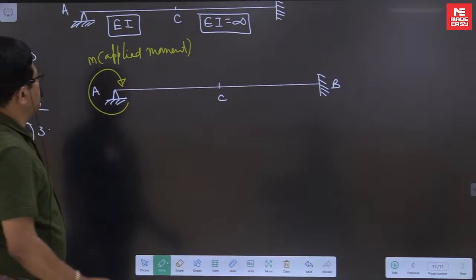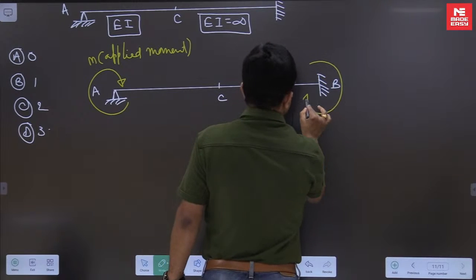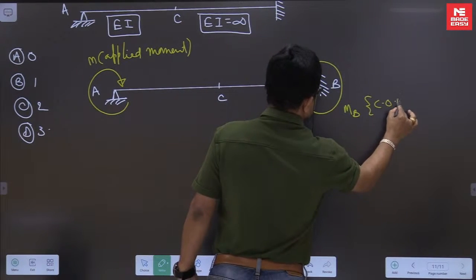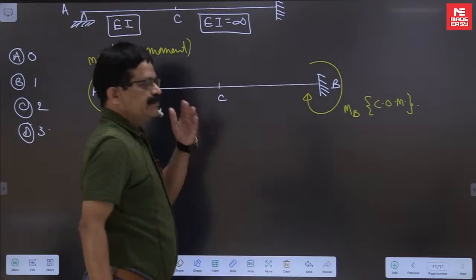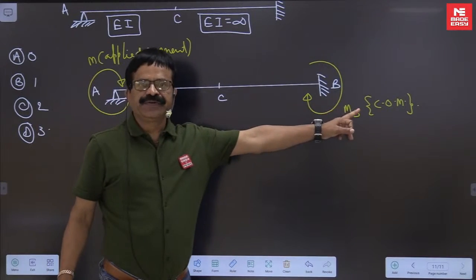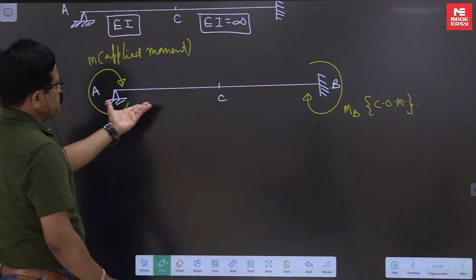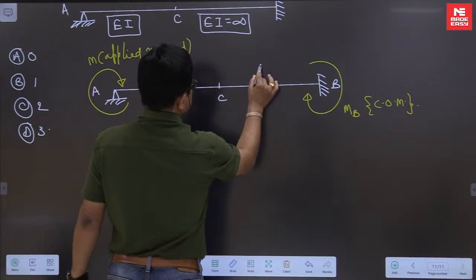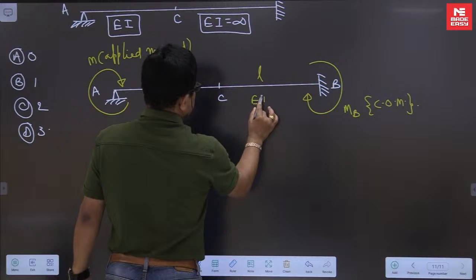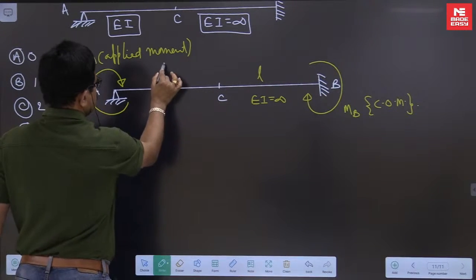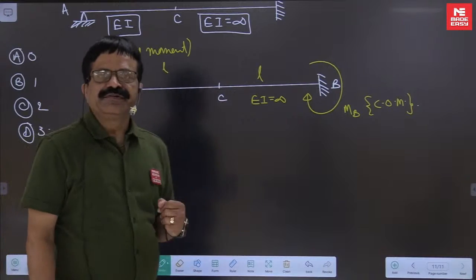Applied moment. Because of this, how much is carried over? MB. If I know how much is the carryover moment, then this divided by this is the carryover factor. It looks like EI is infinity here. The EI value is simply L. This length is L. We don't know how to manage.